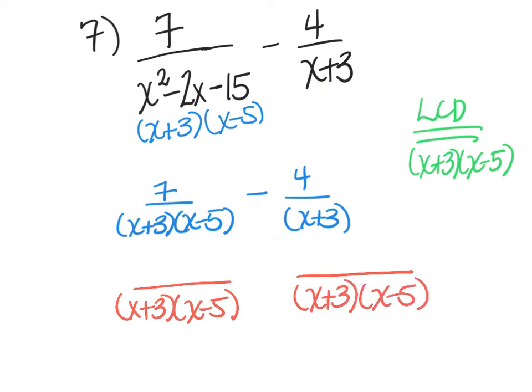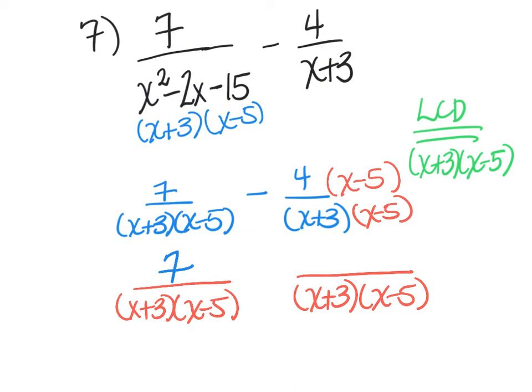Right, and when I look at the first fraction, what is it missing from the LCD? It's not missing anything, so the numerator is just going to stay at 7. Well, then I look at the second fraction, what is it missing? It's missing the x minus 5. All right, so now I'm going to multiply out the numerator.